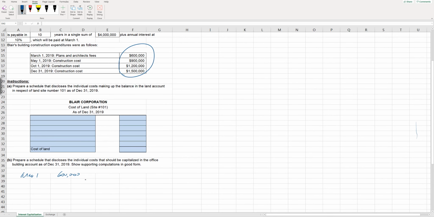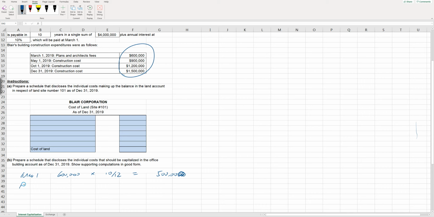In other words, we have to incur 10 months of interest. Okay, so the capitalization period will be 10 over 12. And we're going to get weighted expenditures on March 1st. And this is going to give us $500,000.